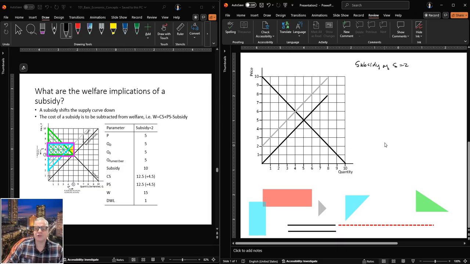So now what is the new price? So the price is 5. And the total quantity turned over is also 5. Okay, so now we can do our welfare analysis.